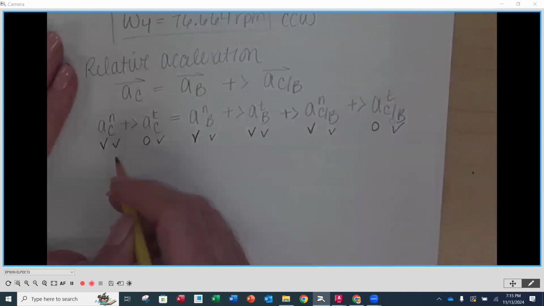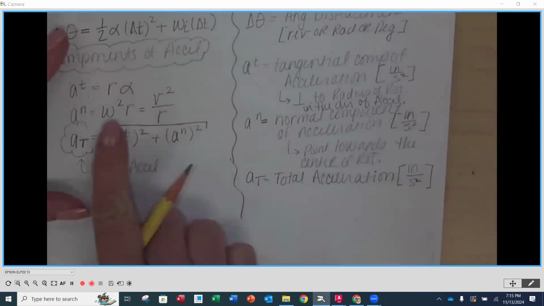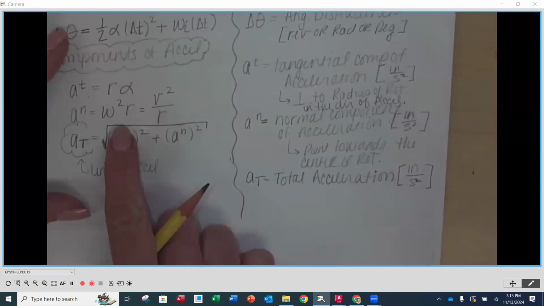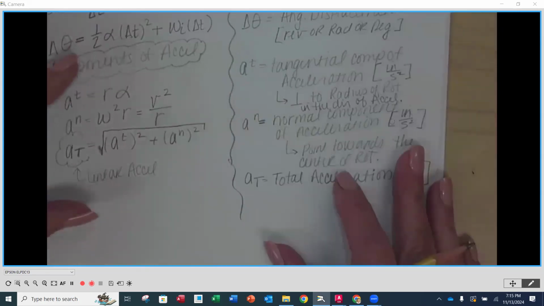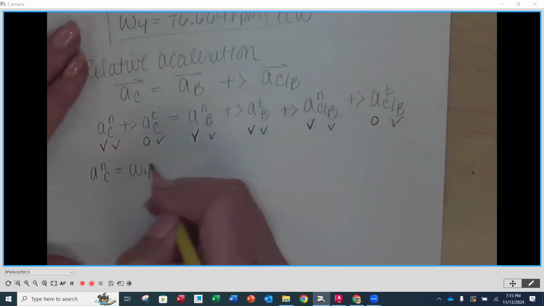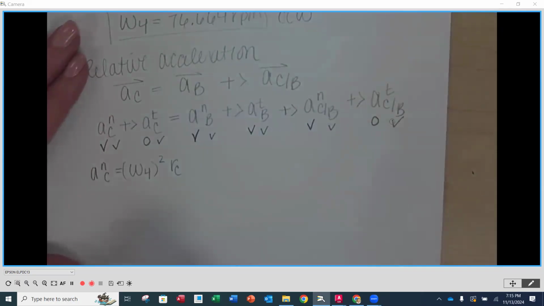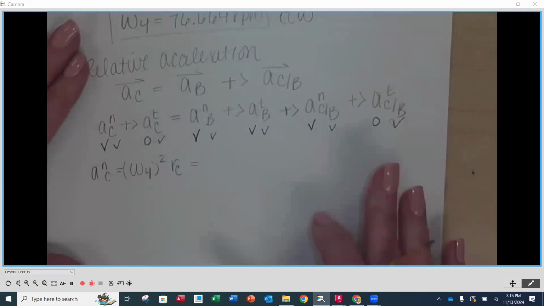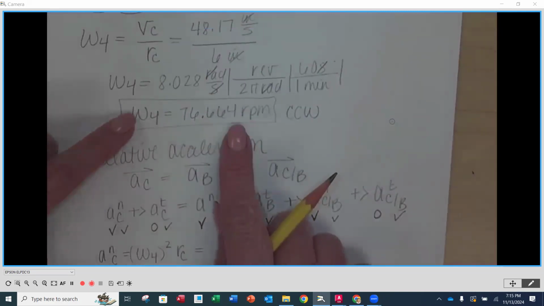I'm going to start with the acceleration normal of C. I can use either one of these equations. Just because W squared times the radius is first, I'm going to use that one. So this is going to be the angular velocity of link number 4, squared, times the radius to point C. We know that W4 right up here is this value, but remember in this equation, we have to use radians per second.